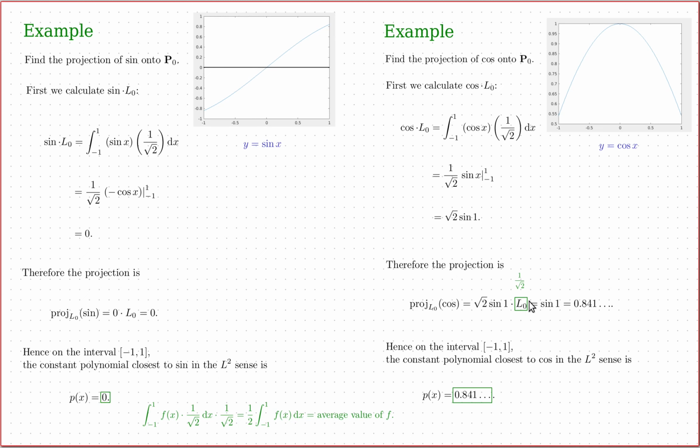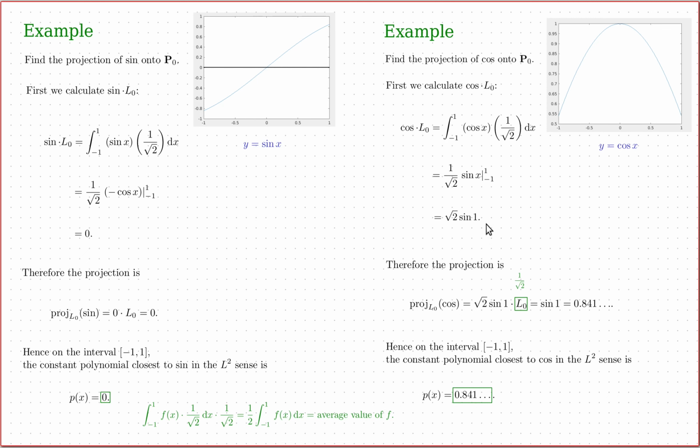We recall that L0 itself is just the constant 1 over radical 2, so the radical 2's cancel, and the projection turns out to be simply the constant sine 1, which is about 0.841. So that's the closest constant function to the cosine function on the interval from -1 to 1: the constant function p of x equals 0.841.